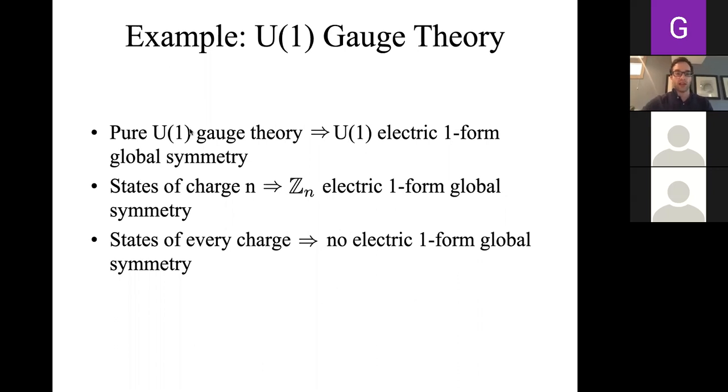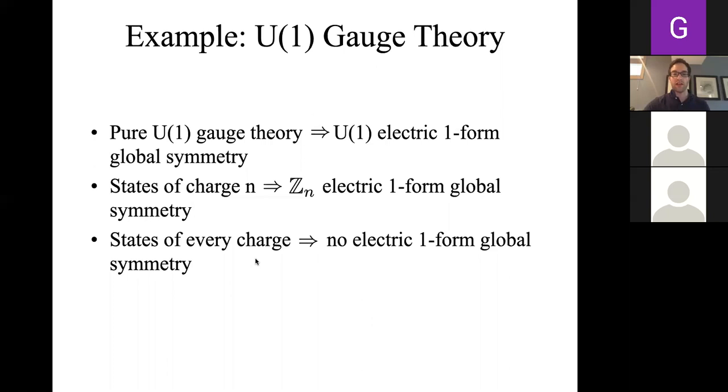If we have pure U1 gauge theory, we saw that we get a U1 electric one-form symmetry. If we have states of charge n, this is broken down to a Zn subgroup. And that means that if you have states of every charge, then there's no electric one-form global symmetry at all. And so you can see that there's this one-to-one correspondence. Precisely when you satisfy the completeness hypothesis and you have states of every charge is exactly when the global symmetry disappears. So demanding that these one-form global symmetries should be absent implies completeness.